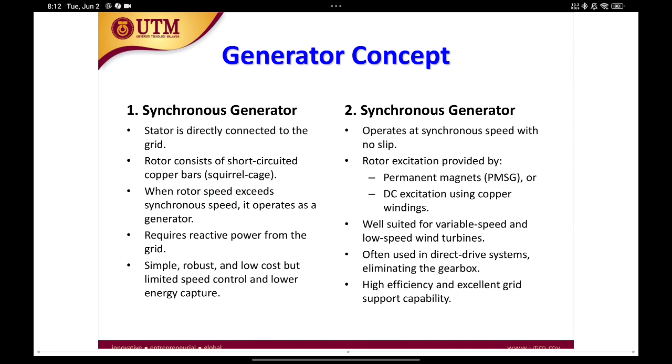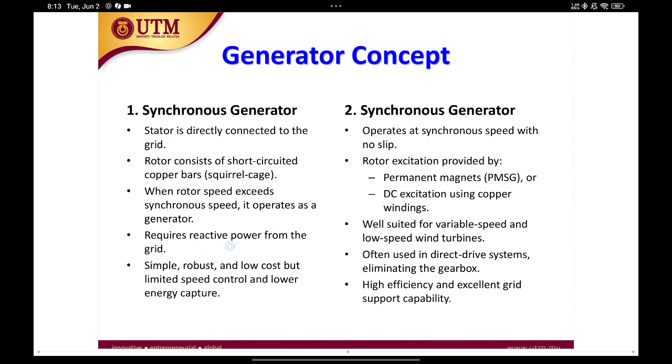For example, in Malaysia it is 50 hertz, so it becomes 3000 RPM. To operate as a generator, the induction machine needs to operate faster than 3000 RPM, like 51 or 52. Then it becomes a generator.